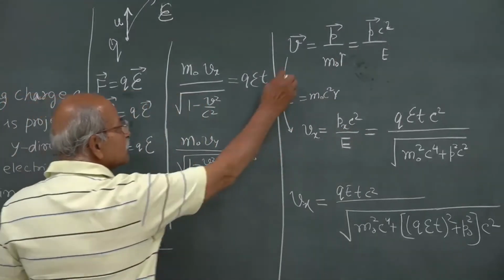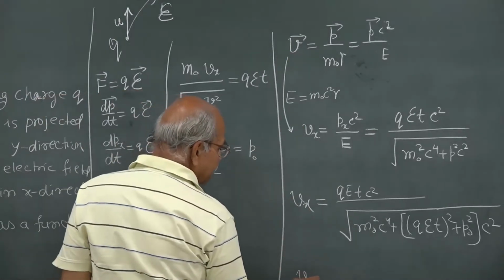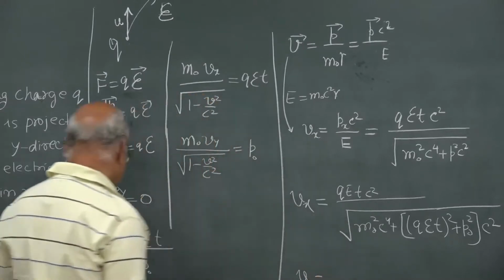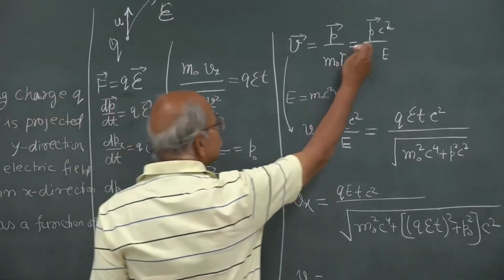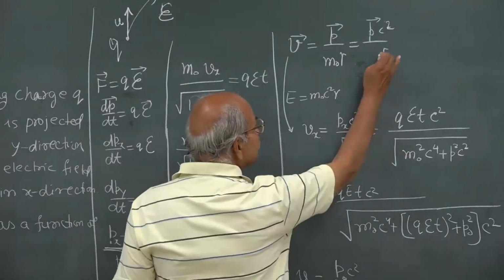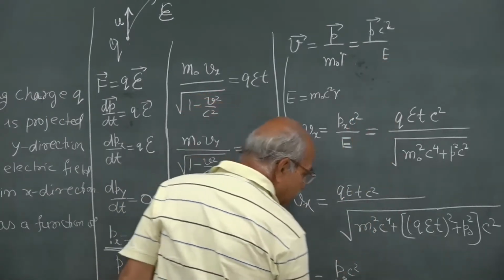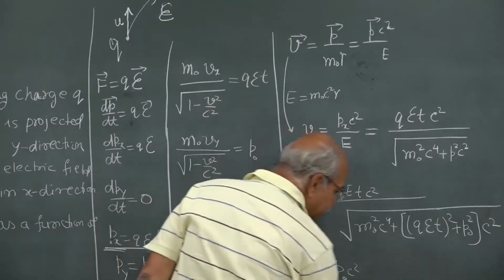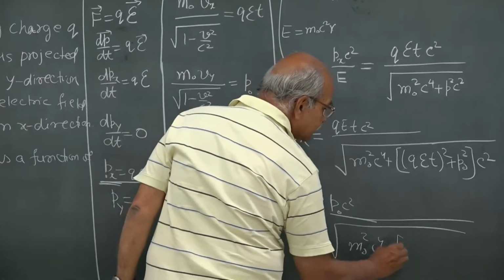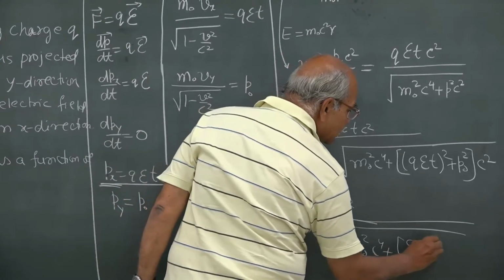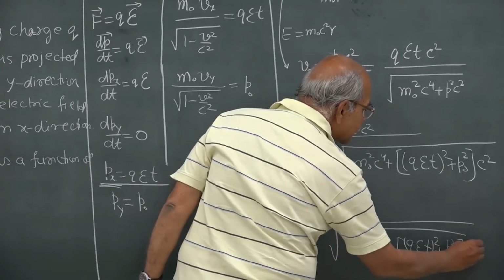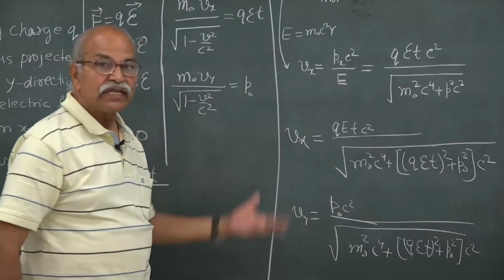Similarly, Vy will be equal to Py, and Py is P naught. So, it is P naught c square by the same total energy, so the same denominator, square root of m naught square c4 plus Qet square plus p naught square, times c square. So, that is it.